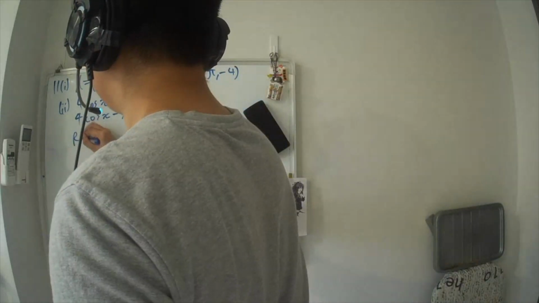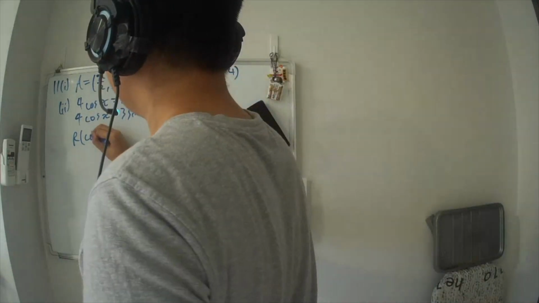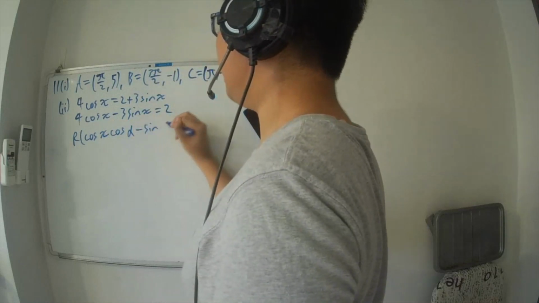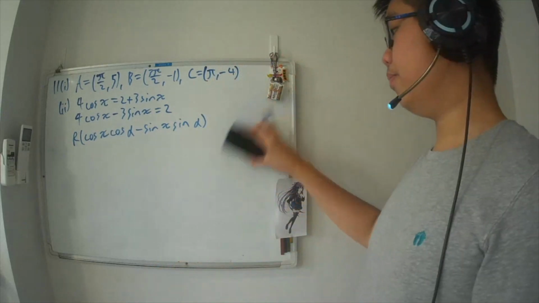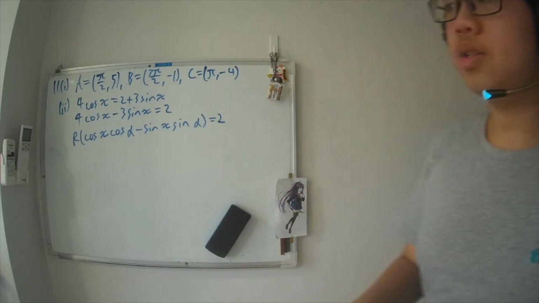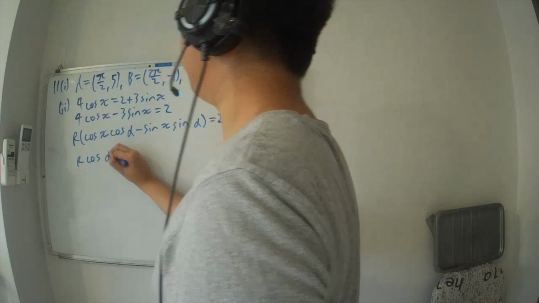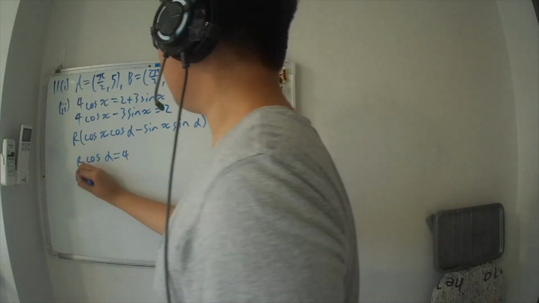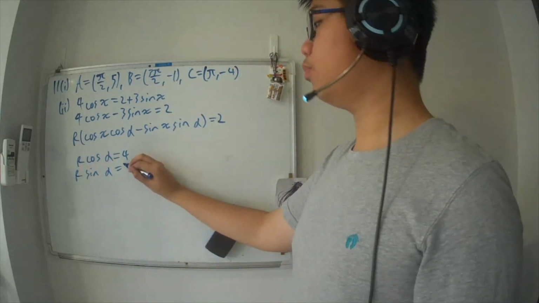I'll have R cosine (x plus α), so cosine x cosine α minus sine x sine α, and this will be equal to 2 later. So then we have R cosine α is equal to 4, R sine α is equal to 3, right?